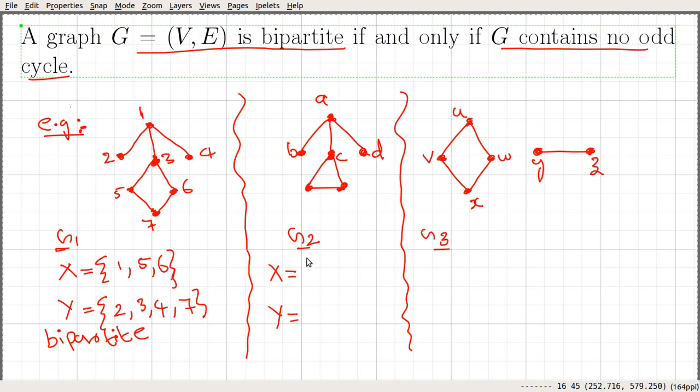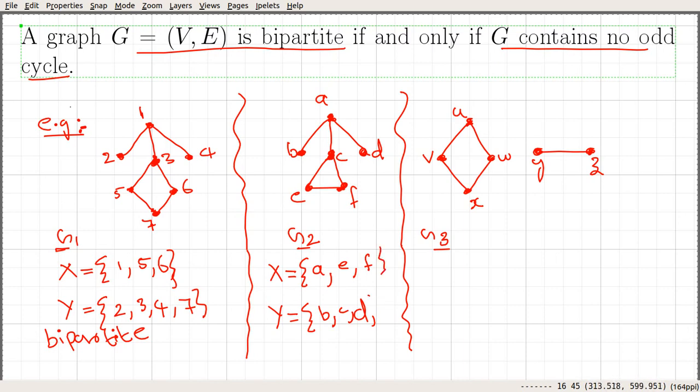As before, let's consider vertex A and put it in partite set x, and its adjacent vertices must go to the other partite set. So put B, C and D in y. Let's consider C. C is in y, so its adjacent vertices must go to x. So we put E here and F here.